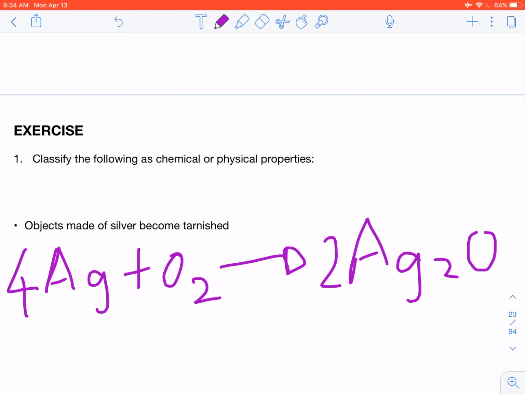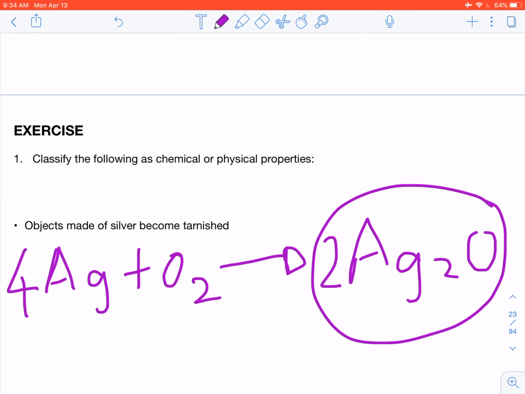Right? So we know that we're getting silver oxide, which is a completely new substance. And when silver material is tarnished, you can't just use physical means to get rid of this oxygen. You have to use another chemical that allows us to remove that oxygen and get our silver back.